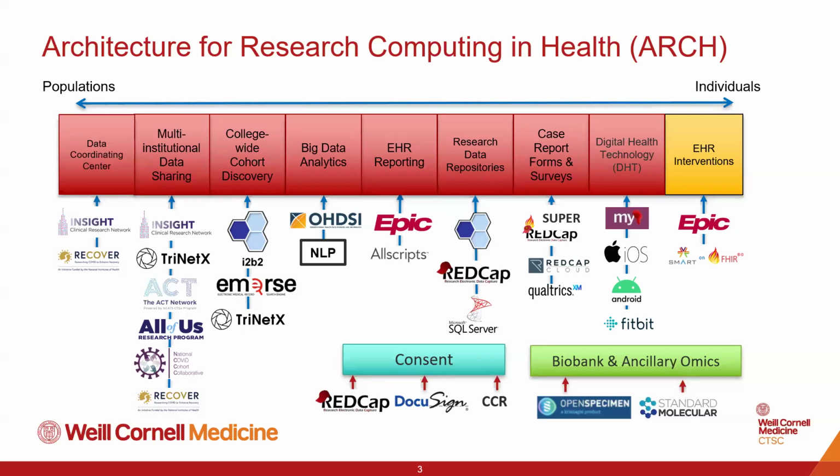The team overall provides a suite of tools and services that are paired with the investigator's needs. One of those suites and tools is down here in the bottom right, which is Biobank and Ancillary Omics. We provide specific tools that aid in those use cases. Today we're going to be focusing on OpenSpecimen, which is a biobank information management system.